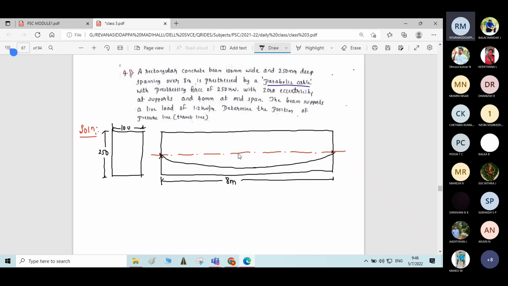Okay, at midspan, the parabolic cable has an eccentricity of 40 mm. At support it is 0. The prestressing force is given, it is 250 kilonewton.